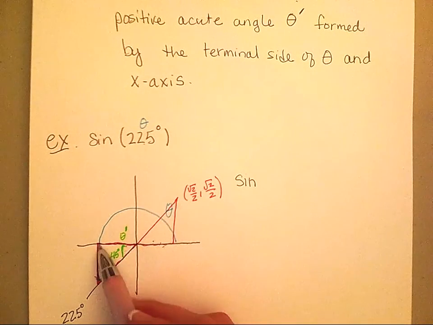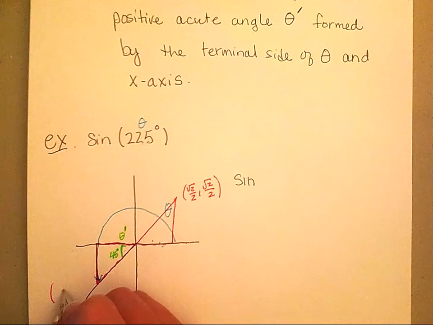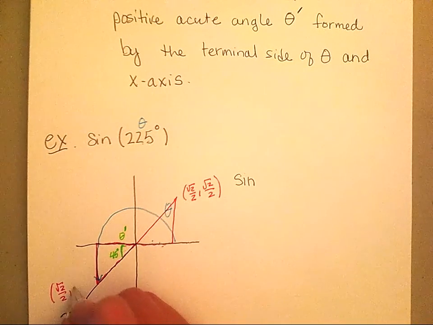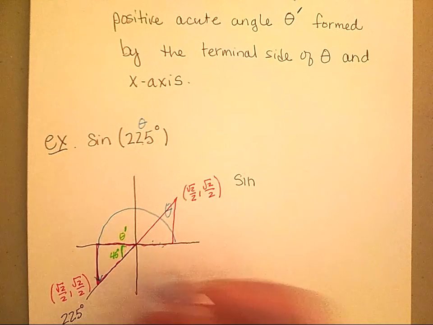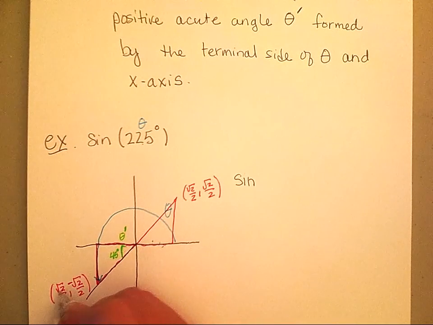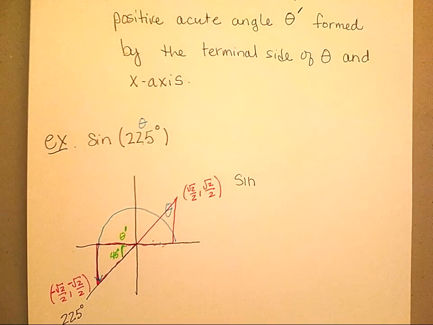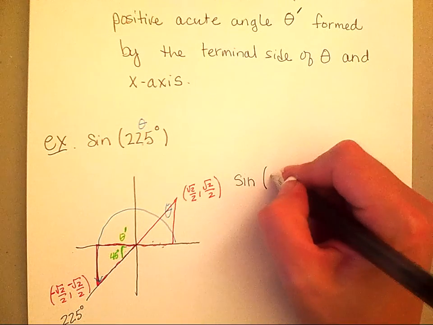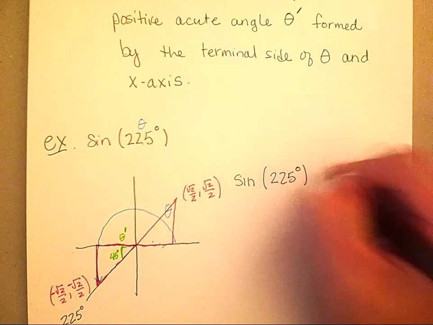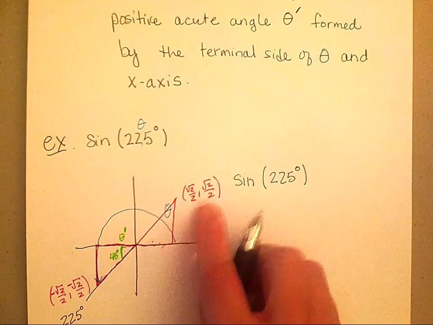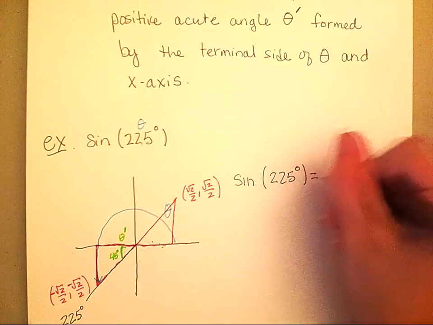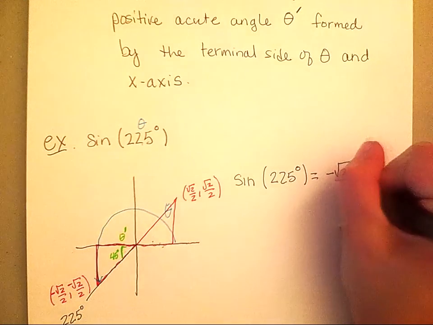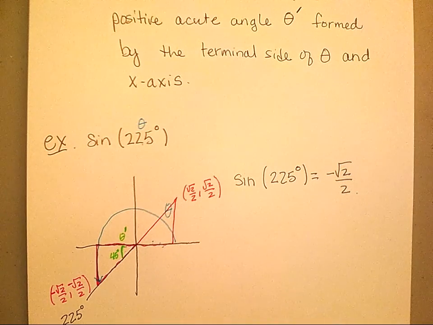And the way I was doing it, I was saying, okay, so we'll flip it over, so the coordinates will stay the same, except now since we're in the third quadrant, both of them become negative. So this is what they mean by the reference angle method. The sine of 225 degrees, I reference the sine of 45 degrees, which is square root of 2 over 2, but I have to make it negative to remember which quadrant I'm in.